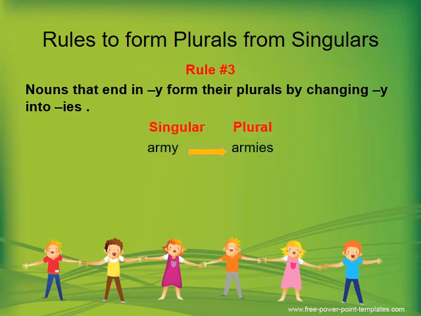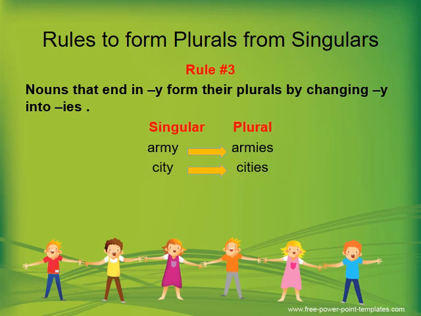So children, army is a singular noun and it ends in y. So what we will do to form its plural? Well, we will write ies instead of y in the end. So, army, which is a singular noun, will become armies, which is a plural noun.